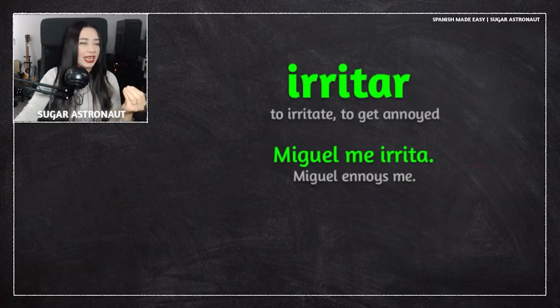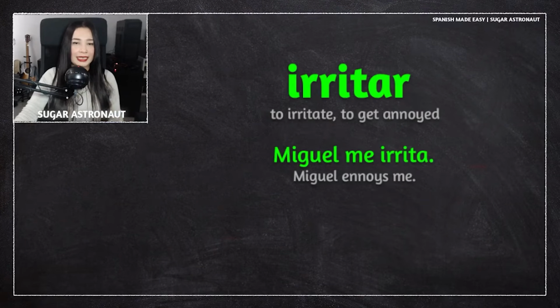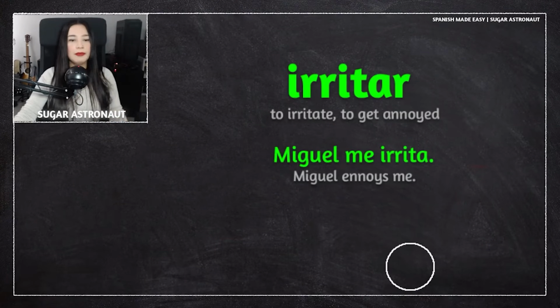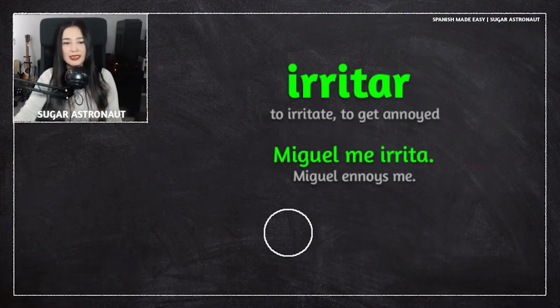Okay, maybe Miguel is talking too much or saying things that you don't like. So you can use irritar for that. Miguel annoys me. Miguel me irrita.